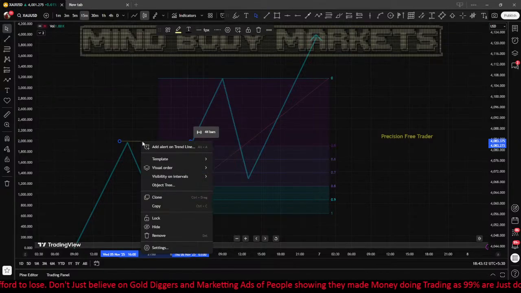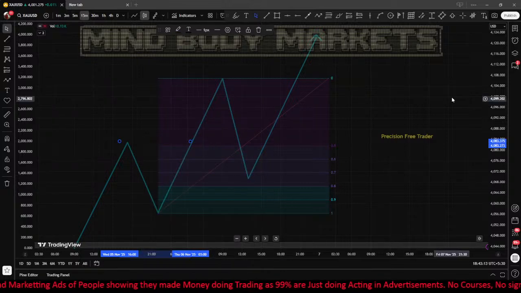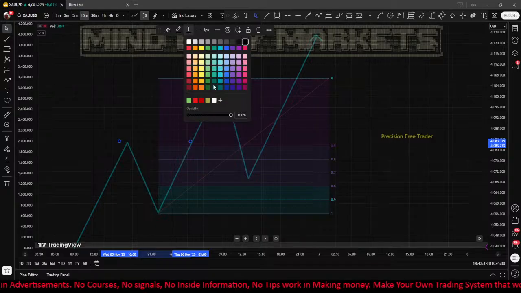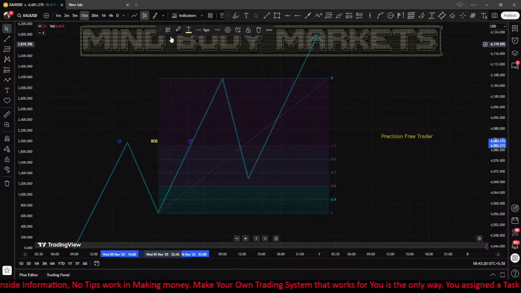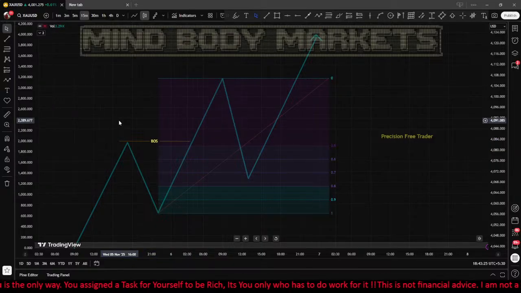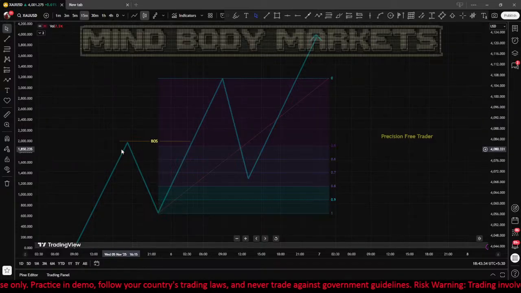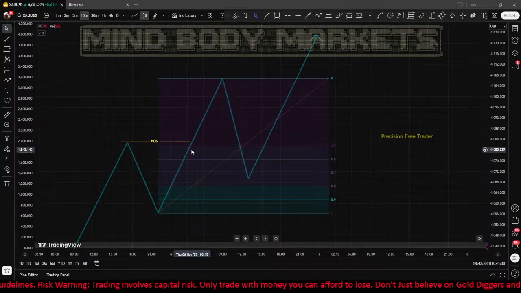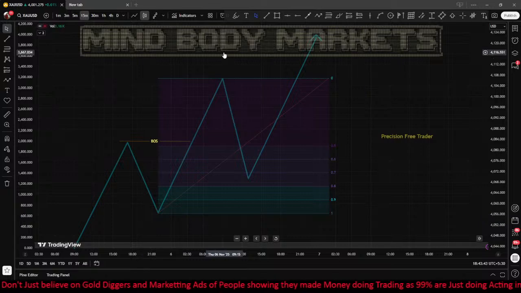This high is broken, so you can call it a break of structure, as most people are now using SMC. Generally in SMC, a break of structure is when a previous high in the market is broken by a wave with good momentum. Now this particular wave is a big wave.